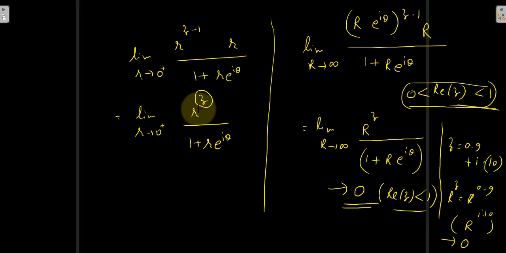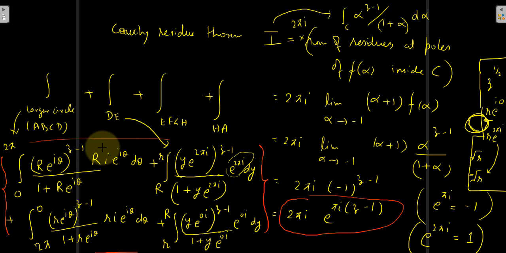R will keep itself in the numerator, and if you take limit r tends to 0, you are going to have 0. So I have used real part of z less than 1 and real part of z greater than 0. Using these few important small things, this term will vanish, and this term will also vanish.